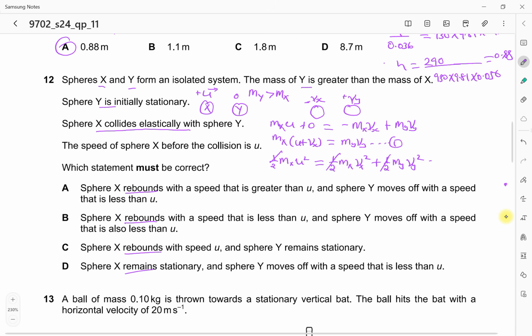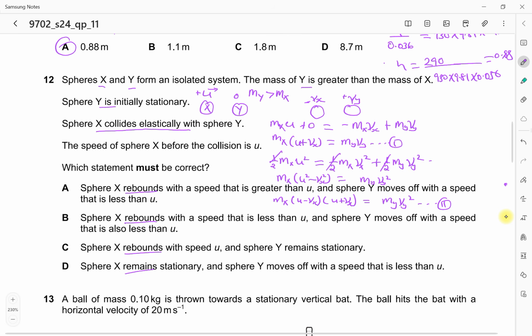So I have that mx into u squared minus vx squared is equal to my vy squared. Remember, this is a difference of two squares, which can be simplified to mx into u minus vx into u plus vx. This should be equal to my vy squared. So this is going to be my second equation.